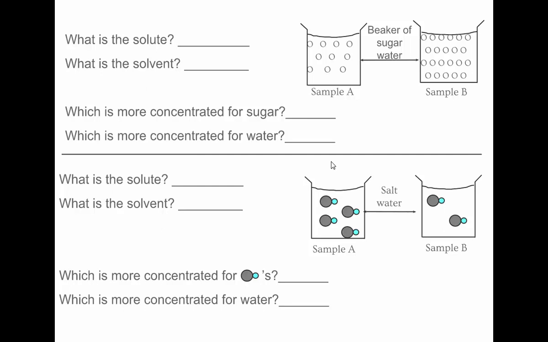Yes, the sugar. What's the solvent, Mia? The water. So if I have these 2 samples, which has a higher concentration of sugar? Claudia? Sample B. Which has a higher concentration of water, Angela? Sample A.